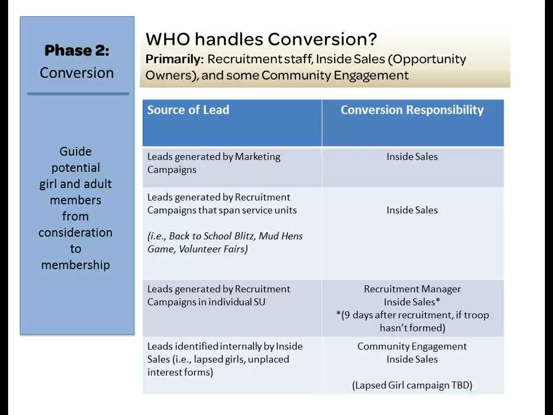So that makes it by service unit, but all of the parameters around that still have yet to be determined. If I understand the question, they're asking, am I going to have a conversion goal for each service unit? It'll be overall. We're still defining it, and we have to figure out the right benchmarks, but there will be a percentage overall that needs to be hit for conversion.